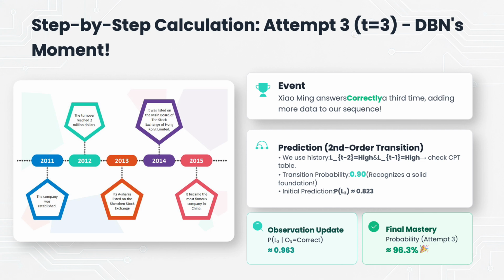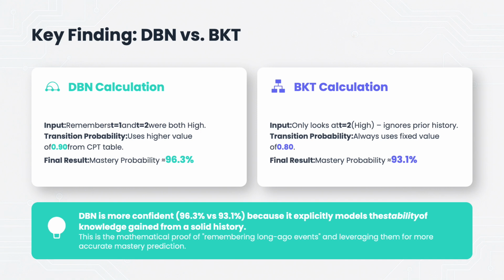We check our CPT table, and it tells us the transition probability for high is 0.90. This is higher than the standard 0.80 because the model recognizes a solid, consistent foundation. After updating with the third correct answer, our final mastery probability is approximately 0.963, or 96.3%.